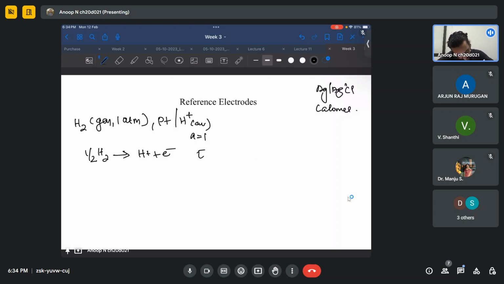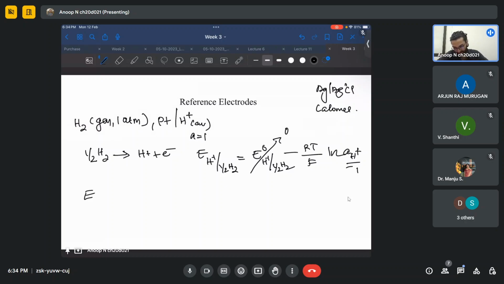It's better to write E of H plus bar half H2 is equal to E0 of half H2 minus RT by 1F ln of, I'll write it in the reduction form so that it will be easy, the activity of H plus. We know this value is 0. So if the activity is equal to 1, we can directly write E cell is equal to 0. If the activity changes, we will have a different value.